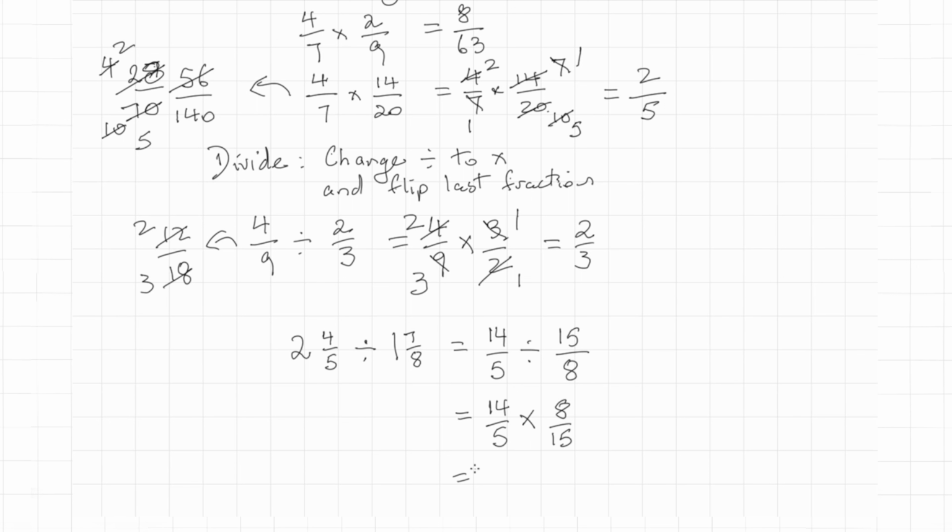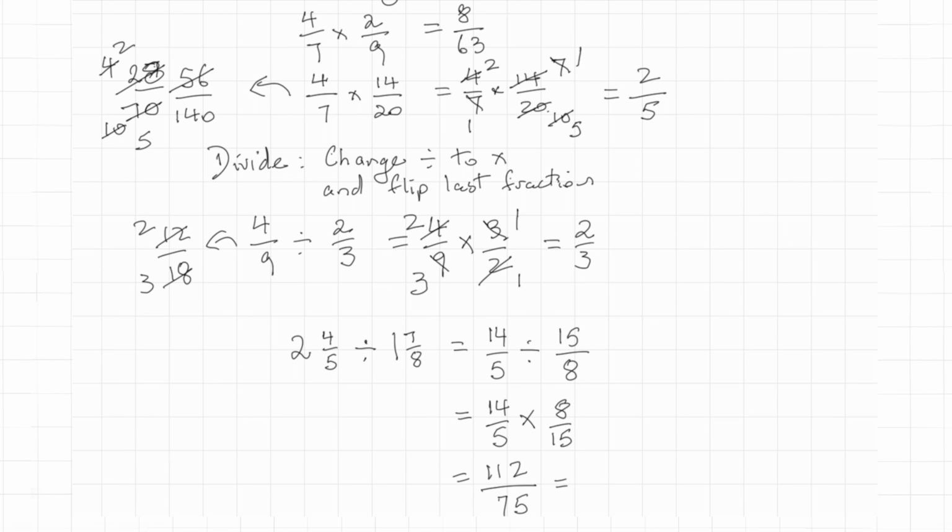And it looks like we've got no cancelling going on here. Nothing will go in top and bottom, even diagonally won't go in, so we simply multiply out. So 8 4s are 32, 8 1s are 8, and 3 is 11, and 5 times 15 is 75.